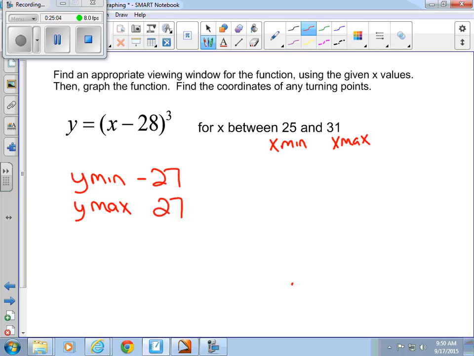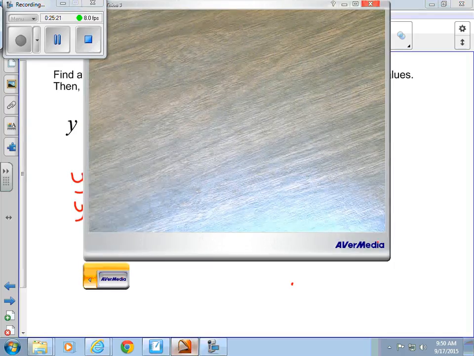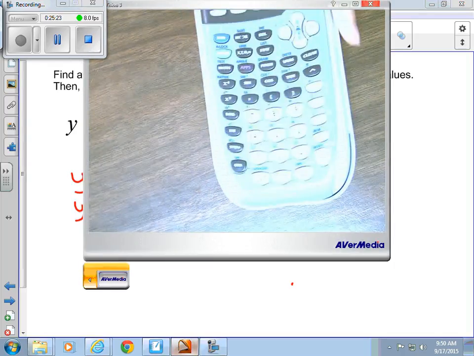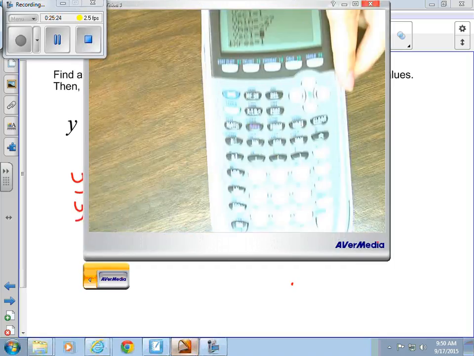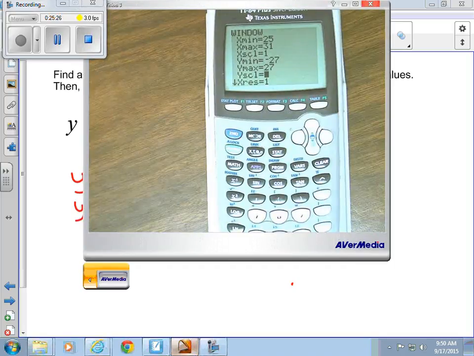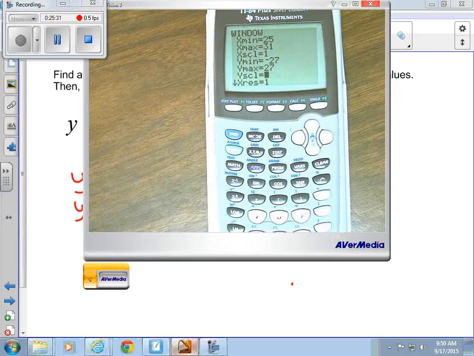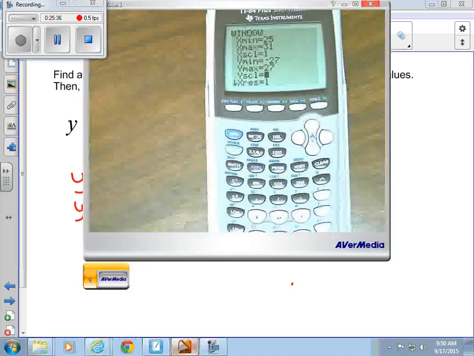Okay, so in your window, -27 to 27. If this is a question on homework, will I have to accept things other than just negative 27 and 27?